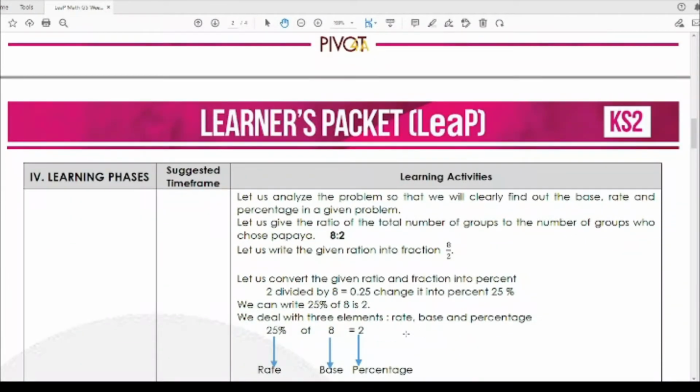Let us analyze the problem so that we will clearly find out the base, rate, and percentage in a given problem. Let us give the ratio of the total number of groups to the number of groups who chose papaya, 8:2. Let us write the given ratio as a fraction, 8/2.